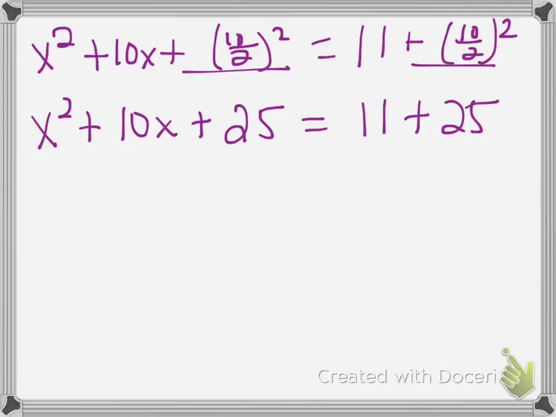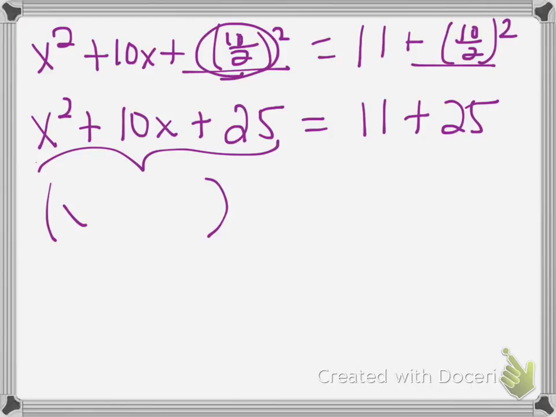Now I have a perfect square trinomial, because I did b divided by 2 squared to get my constant term. Then I take the square root of my quadratic term, so the square root of x squared is just x. I take the sign of my linear term, which is positive, and I take the square root of 25, which is 5.